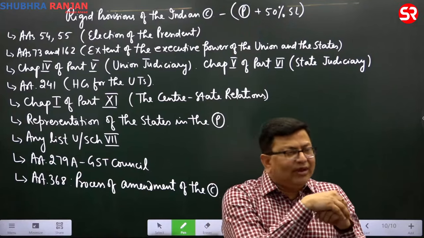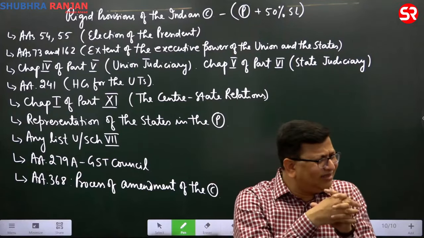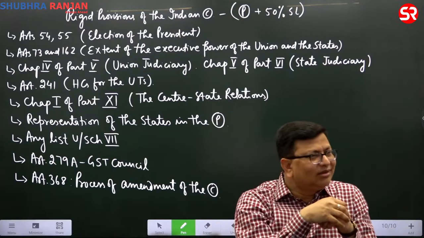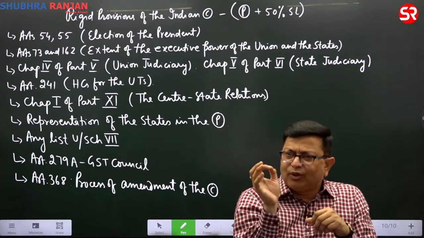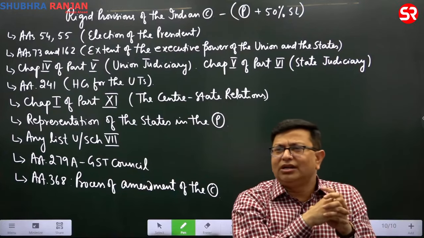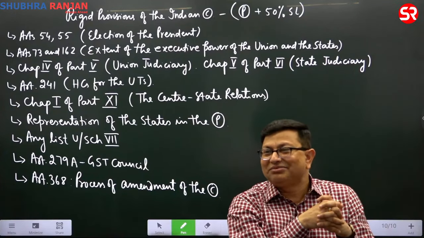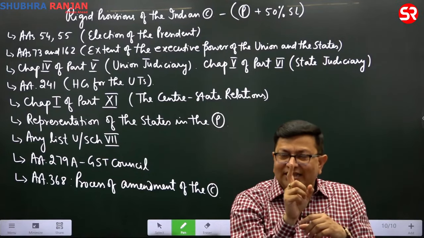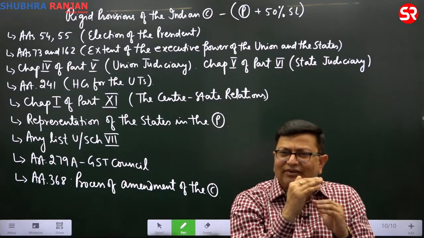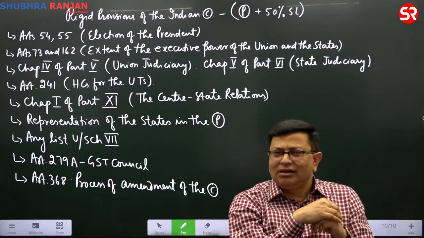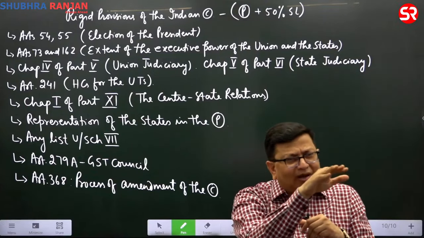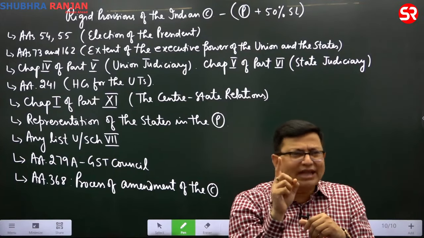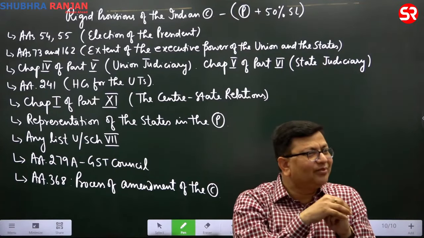Now we will be using common sense here. If we analyze these provisions, most of the provisions are related to the center-state relations. So wherever the chances are that the center will dominate, the center will cut short the powers of the state governments, those provisions have been made rigid in nature.